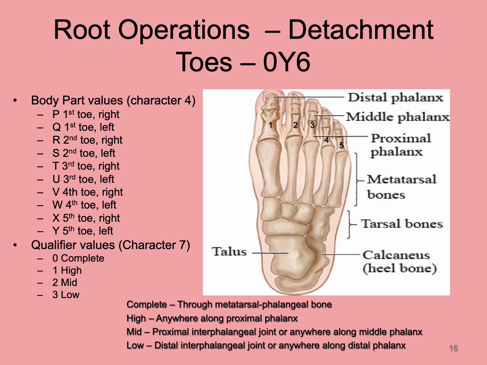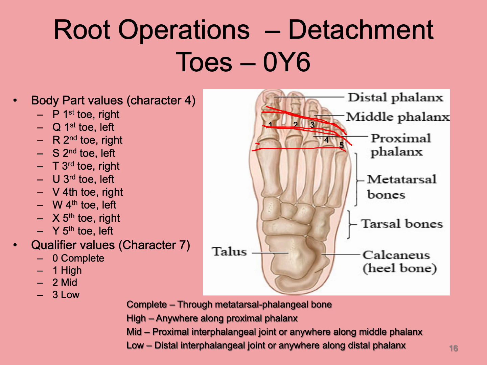Okay, so let's talk about the toes. Again, here are the toes. 1, 2, 3, 4, 5. 1 is the big toe. 5 is the pinky toe. And you have complete, high, mid, or low. So low is the distal. Mid is middle, right? Here's the distal, here's the mid, here's the low.